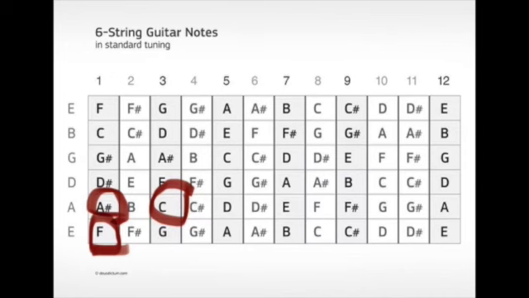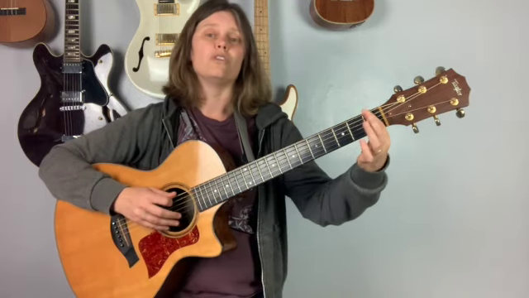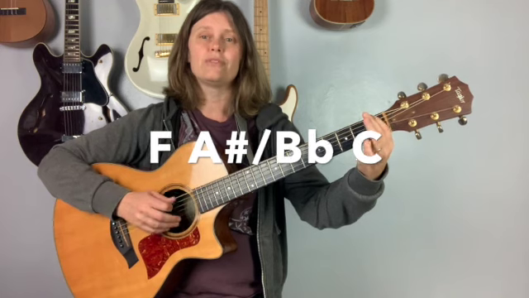So for example, if I went to F on the first fret of the E string, my 4 chord is just the string below it on the A string, same fret, first fret, and my 5 chord is 2 frets over from there, still on the A string. So 1, 4, 5. So F, B flat, C.